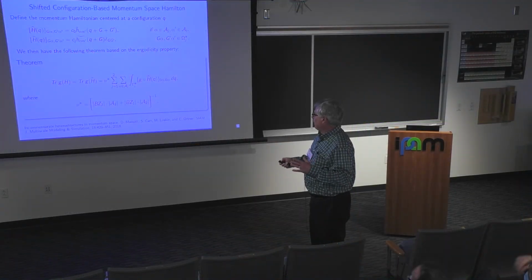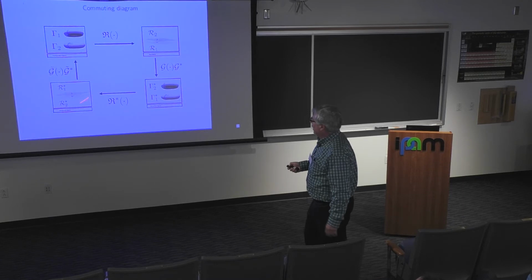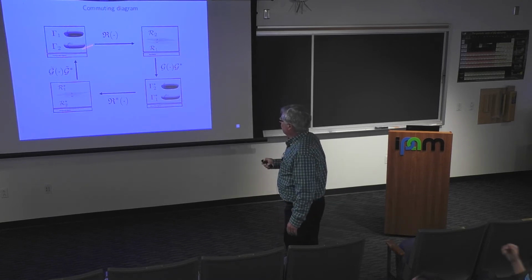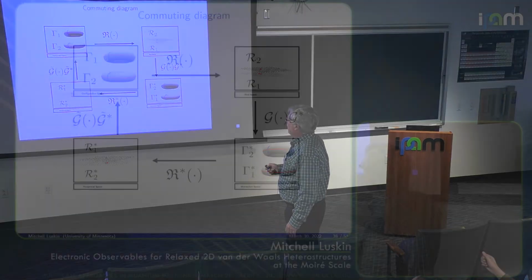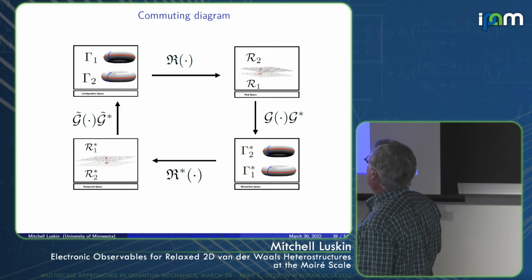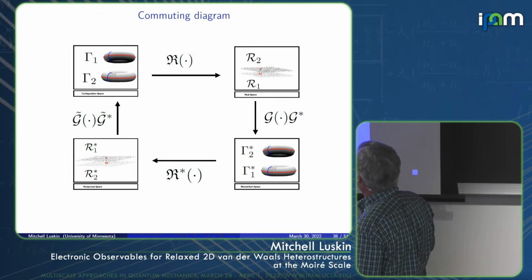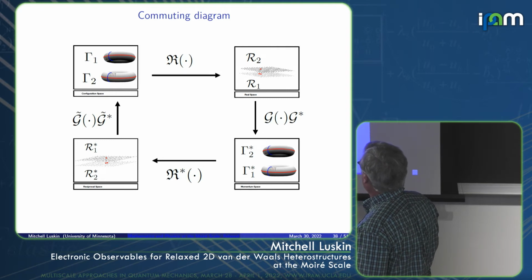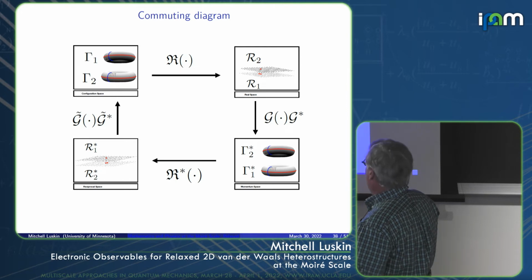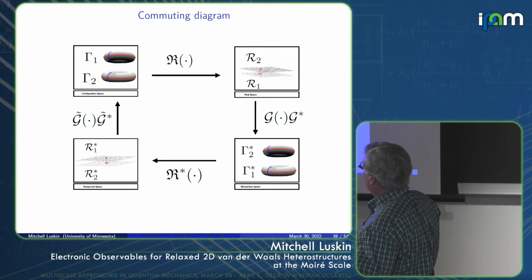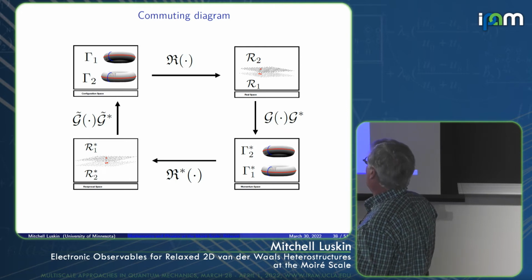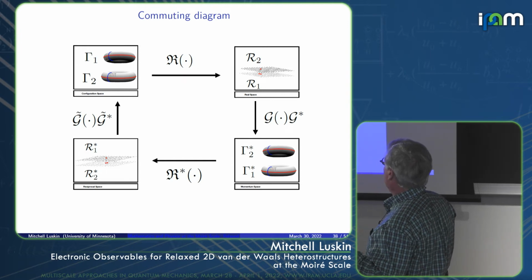Here's a little picture that Daniel created showing this kind of duality. This is configuration space. Here are your layers, and R1 and R2; R1 corresponds to configurations by projecting onto the unit cell of layer 2.